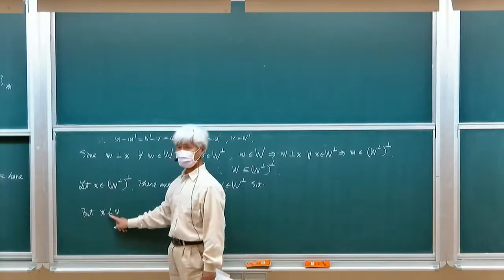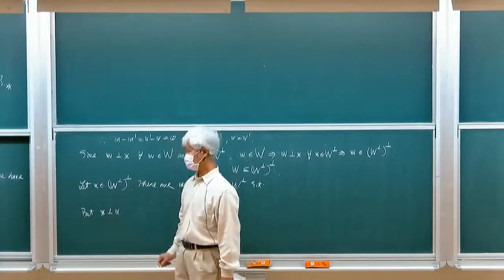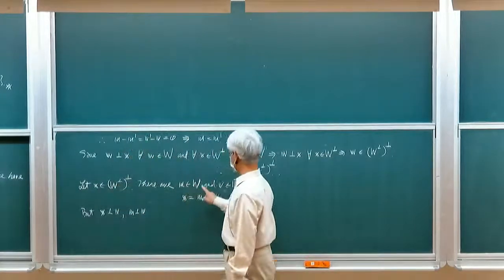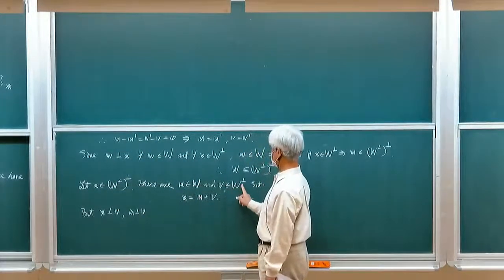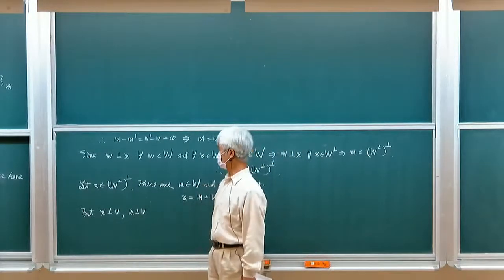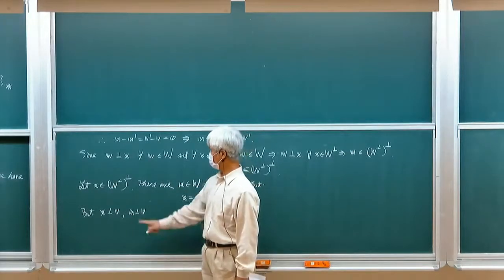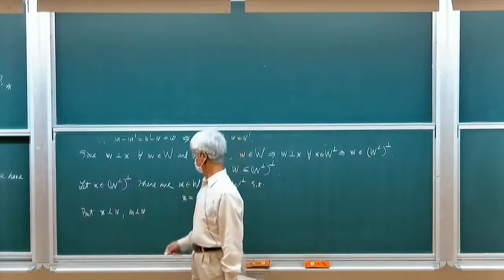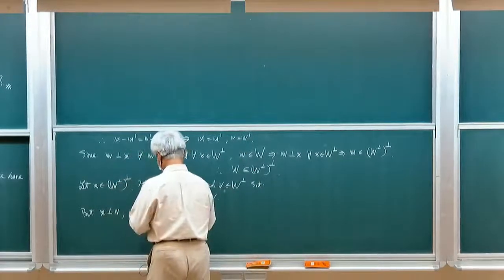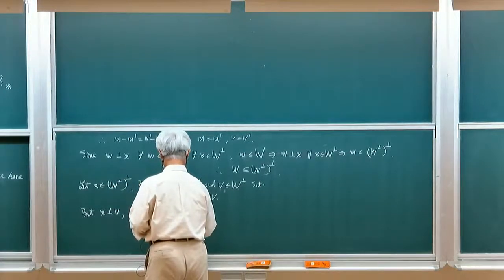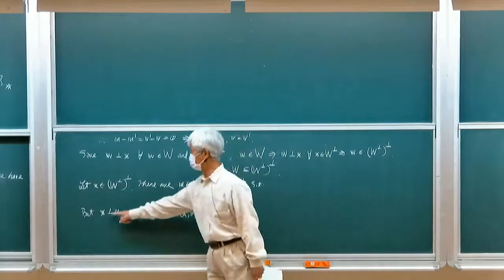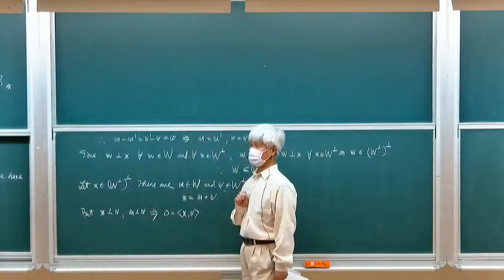So x must be orthogonal to V, and of course U is orthogonal to V too, because U is in W and V is in W perp. So we have these two orthogonalities, and this implies that 0 is equal to the inner product, because they are orthogonal.